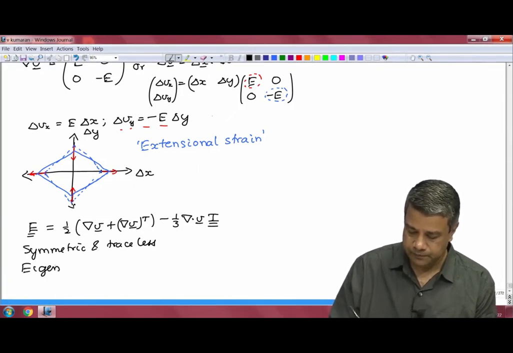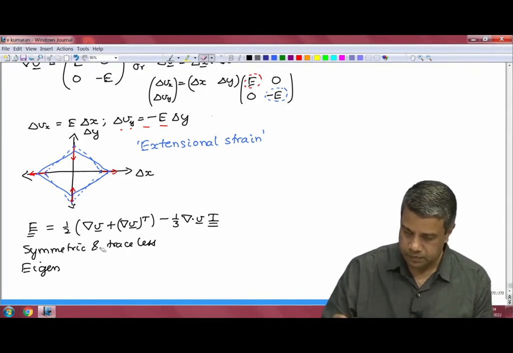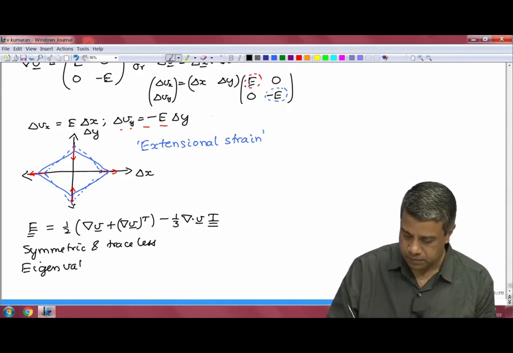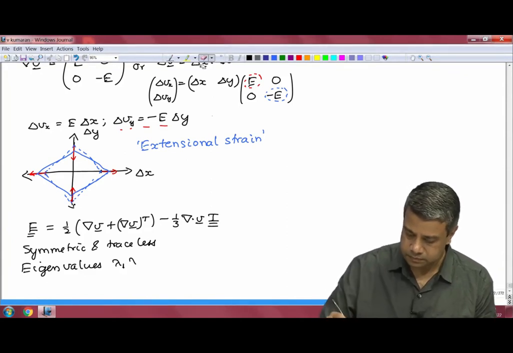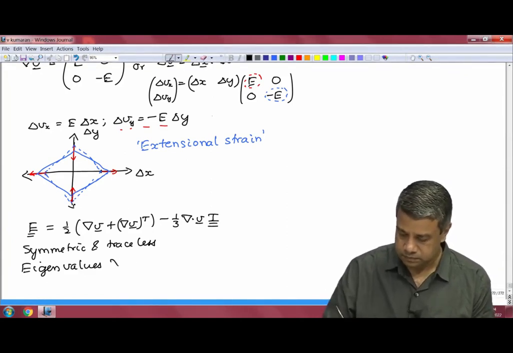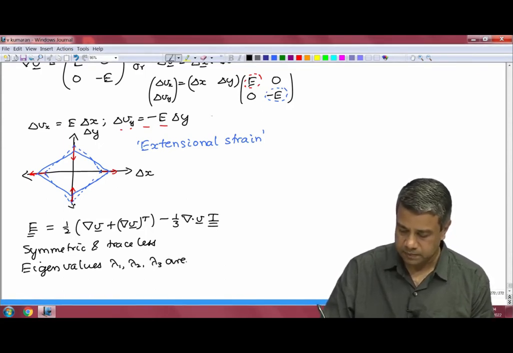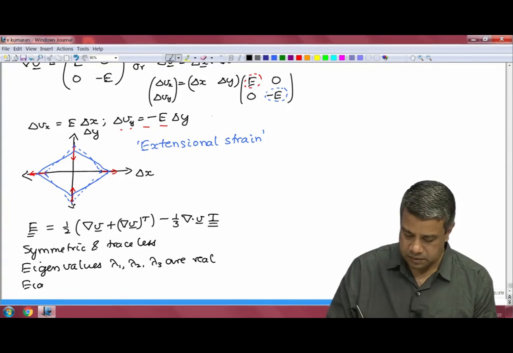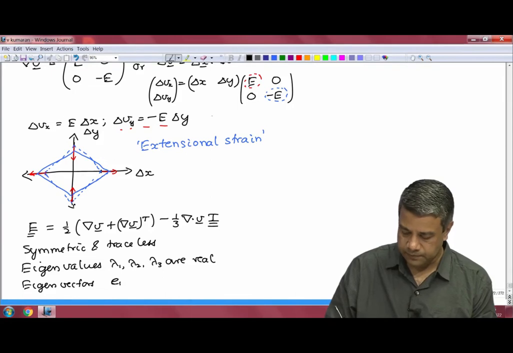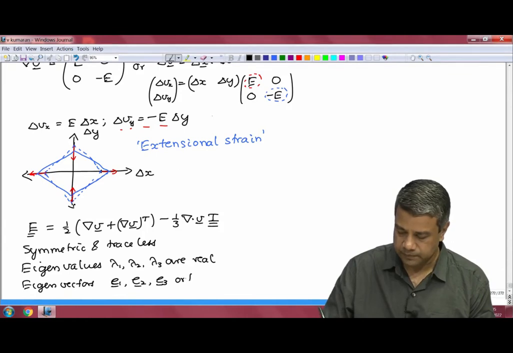Eigenvalues lambda 1, lambda 2 and lambda 3 are real, and eigenvectors E1, E2 and E3 are orthogonal.